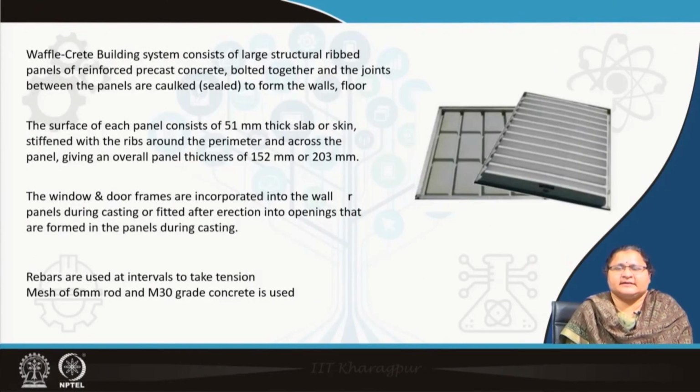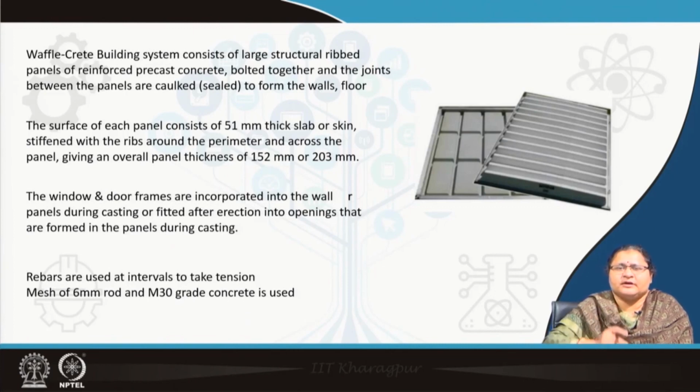Wafflecrete is another unit which you can use as a replacement. These are ribbed panels, reinforcement is inside them, and you can actually use these similar to the panels. Some dimensions are given here for reference. These have rebars at an interval to take tension, and they are corrugated kind of members, wall members. Usually M30 grade concrete is used for casting these.